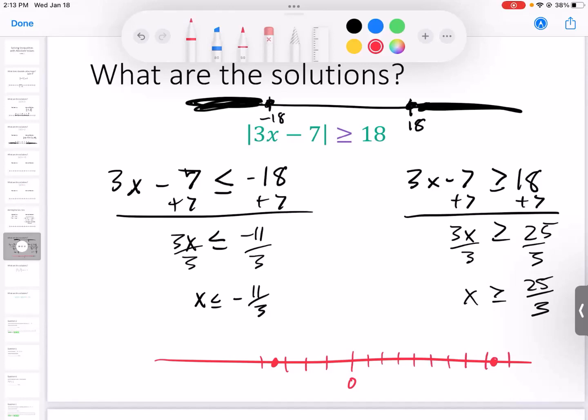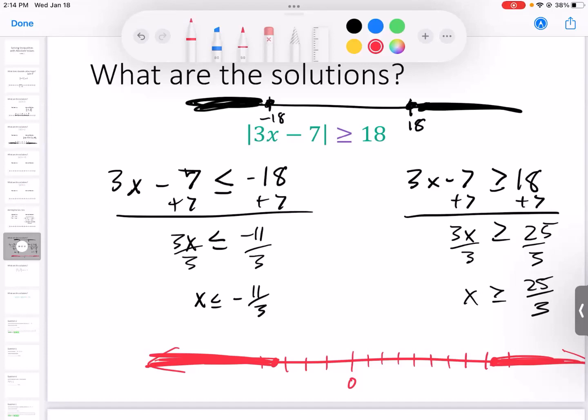And X being less than negative 11 thirds is going to be this range. X being greater than it is going to be that range. So these are the solutions to the inequality because these are the numbers you could plug in for X. But this step is really helpful to be able to know what inequalities to set up to find X. Does that kind of make sense?